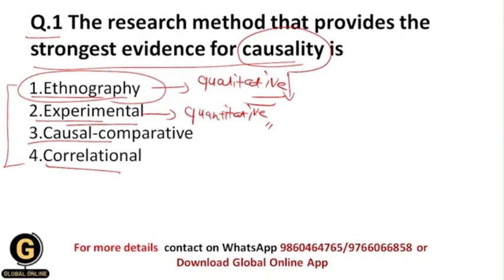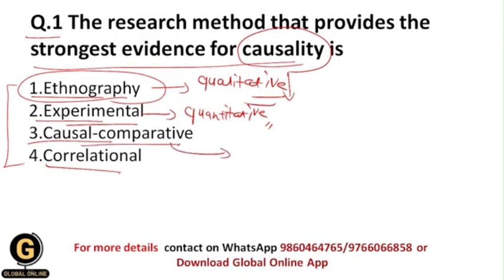Here we test the cause and effect relationship between the variables, and we get the strongest evidence in this kind of research, because we test the hypothesis using different statistical techniques and finally get results based upon our observations and proper evidence. That's why the experimental method gives us the strongest evidence for causality, that is the cause and effect relationship between the variables. What is the causal comparative research method?